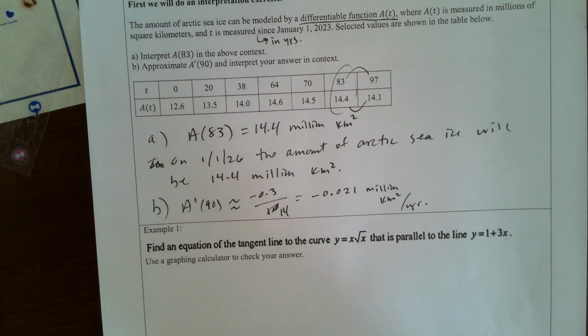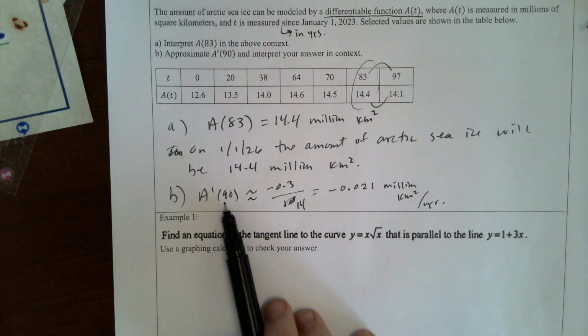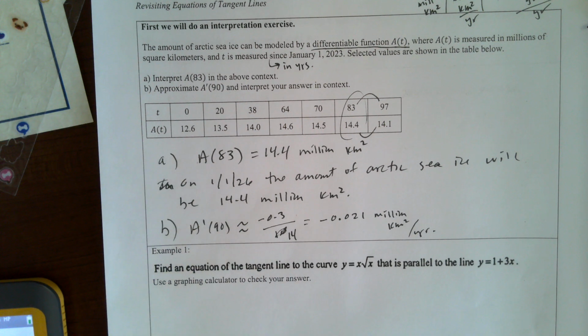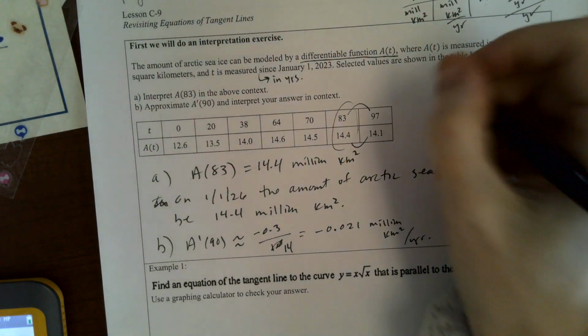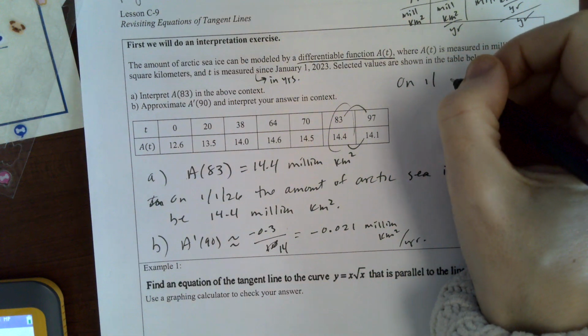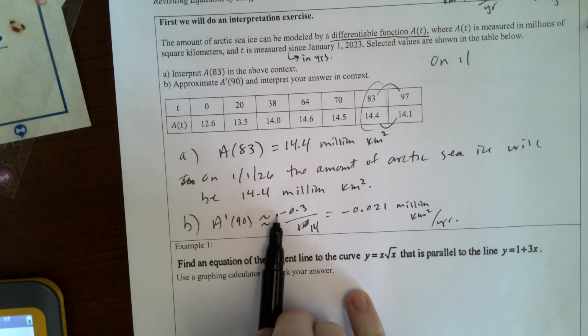So now 90 years from the start is 2023 plus 90, which is 2113. I'll write it up here. Wait a minute, I said 26.